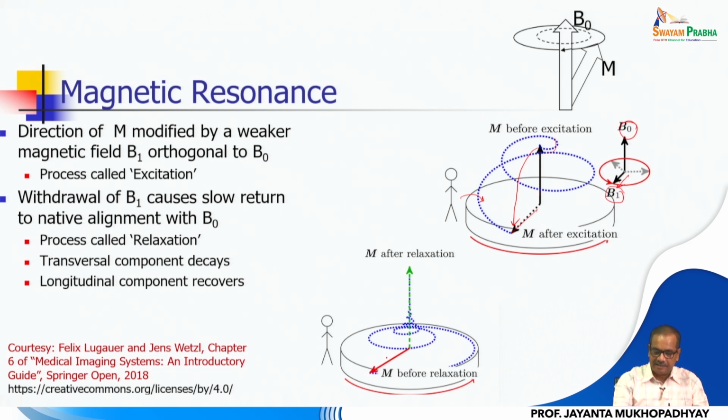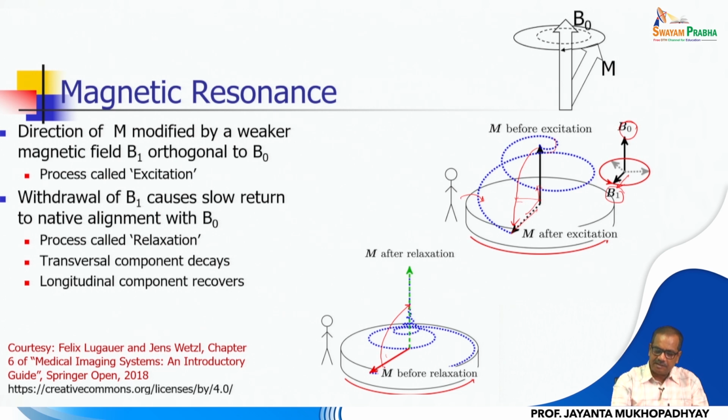After relaxation, it gets aligned again. At each point there are two components: one is the transversal component, another is the longitudinal component. The transversal component gets transferred to the longitudinal component.